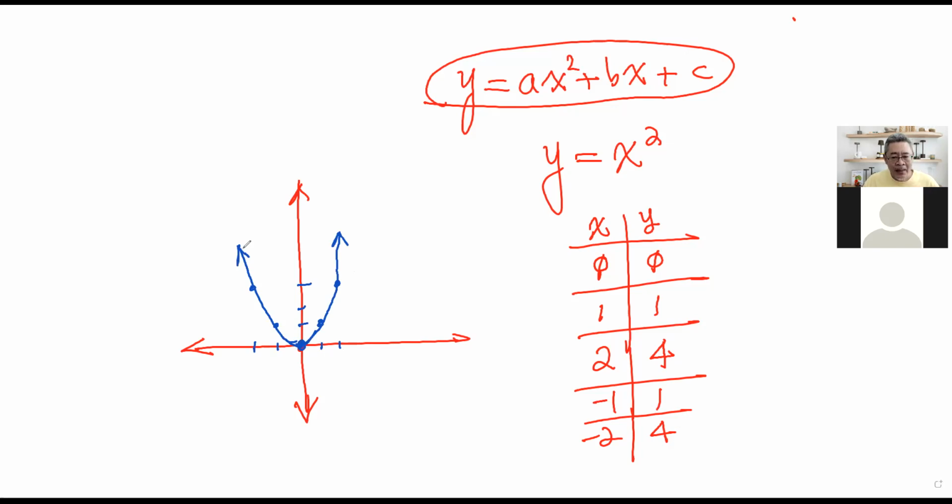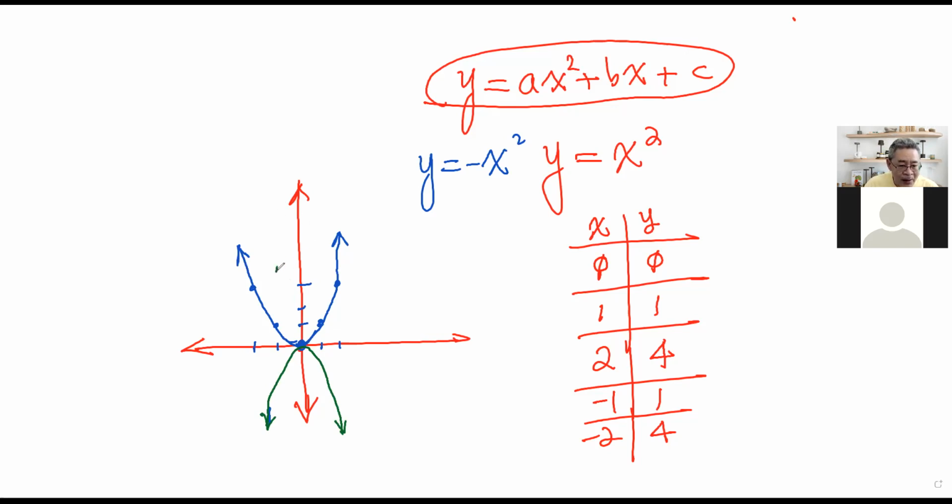Yep. And if you write y equals -x squared and plug in, you'll get a curve like this, which goes all the way around the other way. Good?